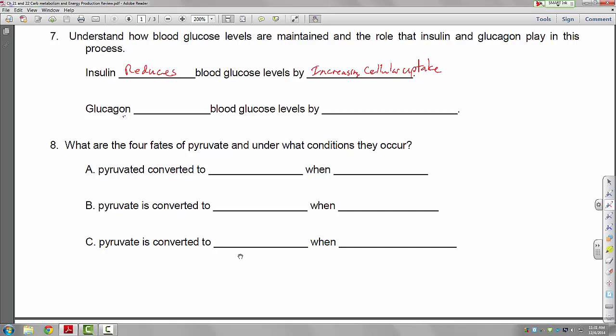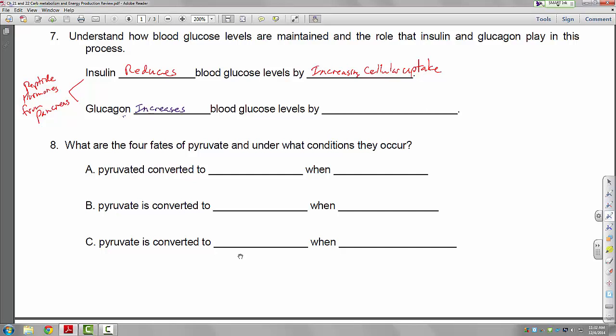Glucagon, and I should also mention these guys are both peptide hormones from the pancreas. Glucagon is really the opposite of insulin. Glucagon increases blood glucose.